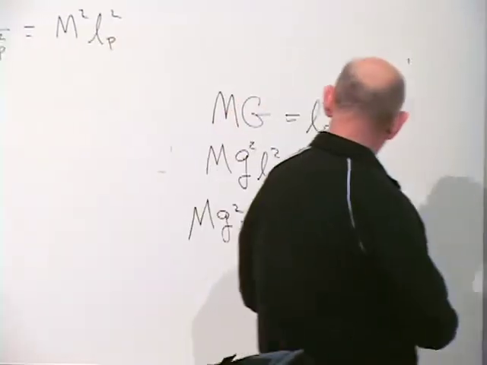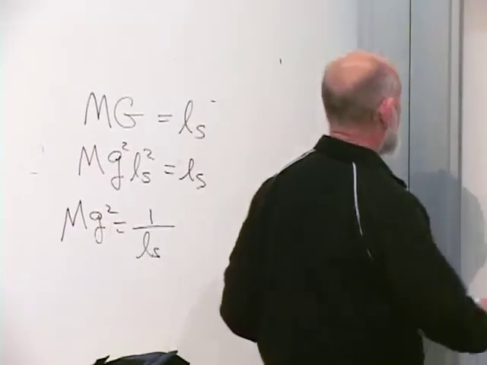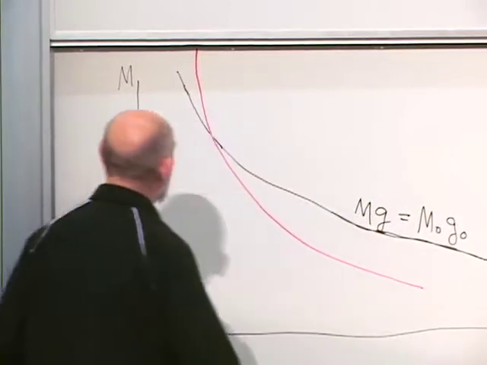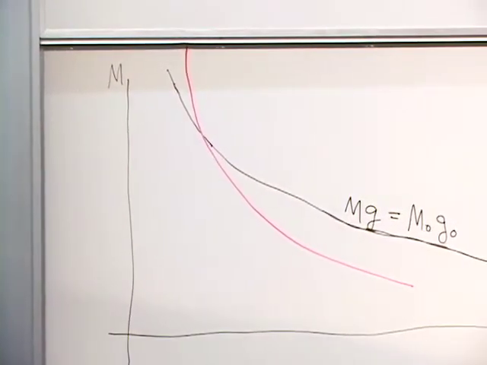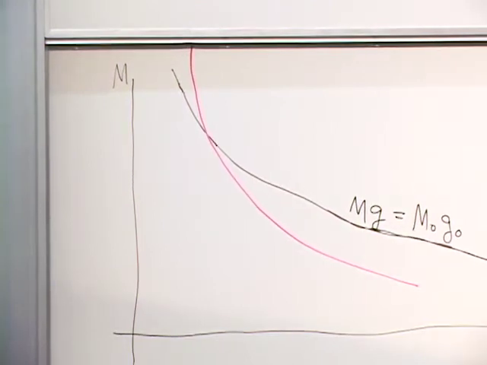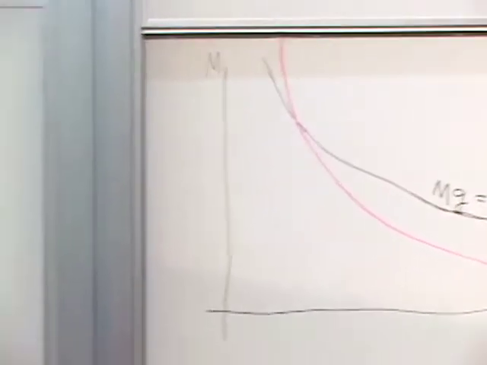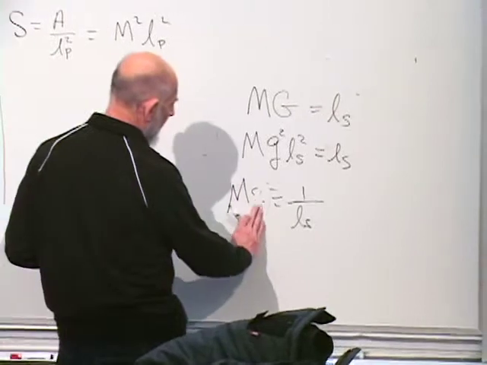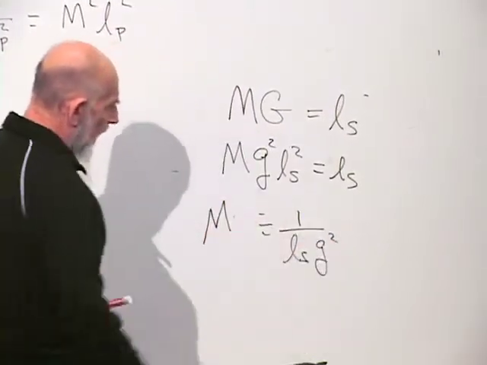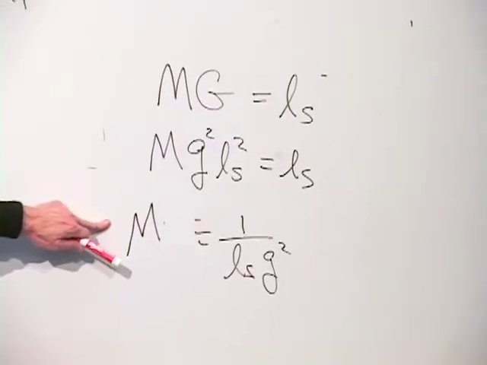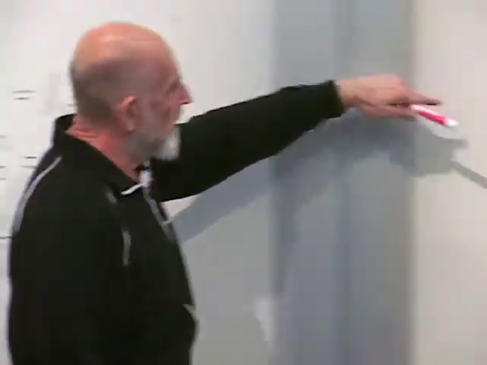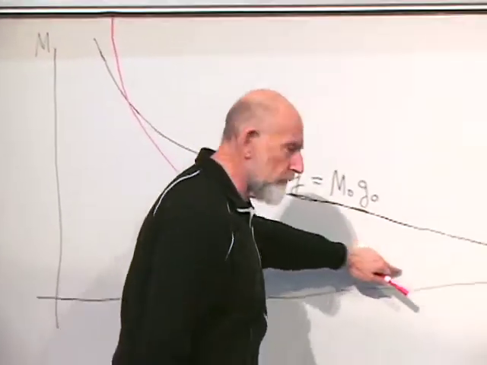This other curve, m g squared equals 1 over L string, looks like this. When g is very large, this falls off like 1 over g squared. So this falls off more rapidly.